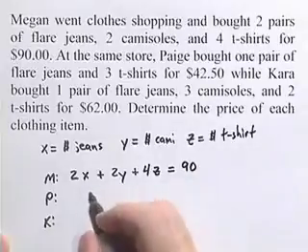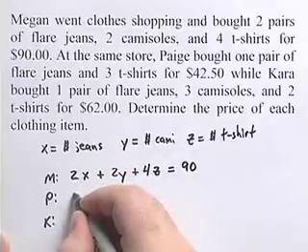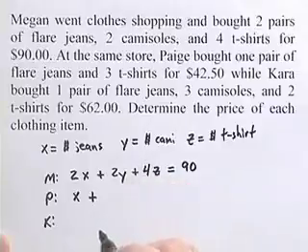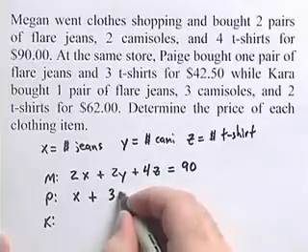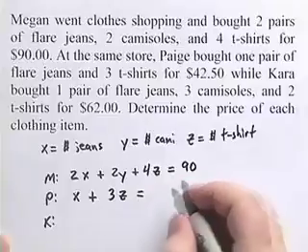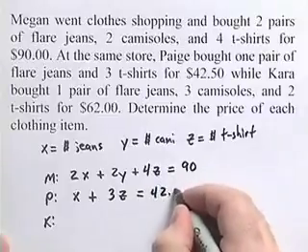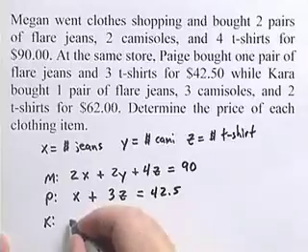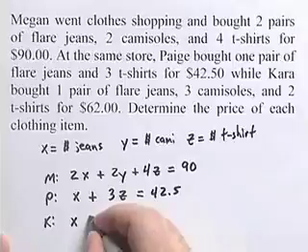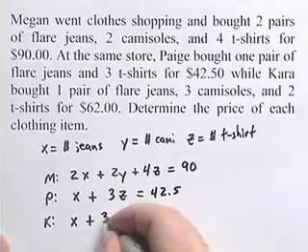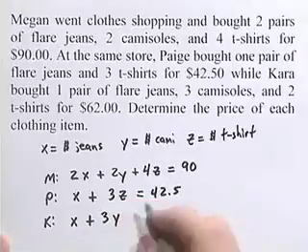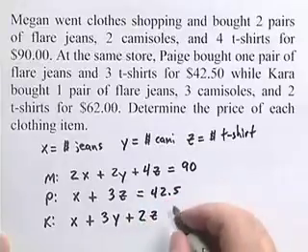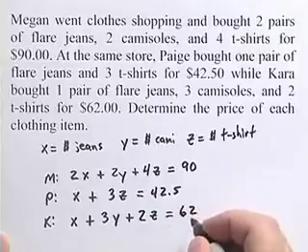Paige bought 1 pair of flare jeans, so she spent x dollars on jeans, plus she bought 3 t-shirts, so that's plus 3z, for a total of $42.50. Kara bought 1 pair of flare jeans, so she spent x dollars on jeans. She bought 3 camis, so she spent 3y dollars on camis, and 2 t-shirts, so plus 2z on t-shirts, for a total of $62.